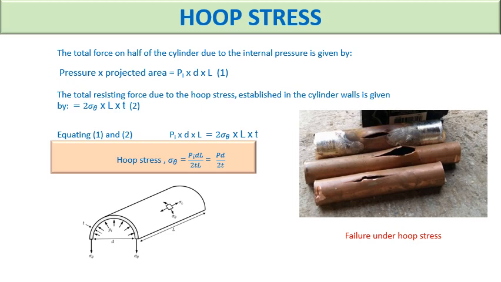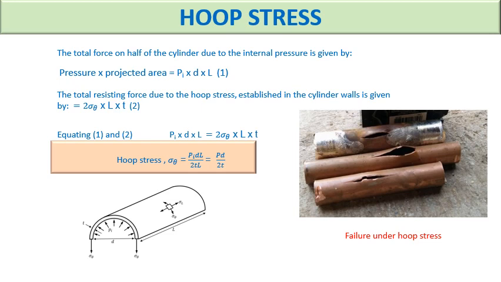You can see a figure here. There is a broken pipe, and this pipe has failed due to hoop stress. This is very much a representation of your garden hose. If you increase the pressure of the water, there are potential chances that a crack may develop. In which direction?